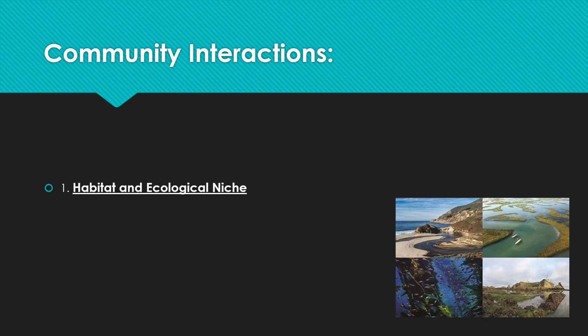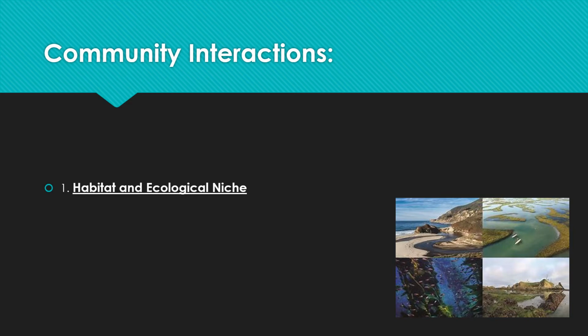Position refers to location. So which habitat does that organism or that species live and reproduce in? Also, what is that species' function? What is its role in that community?